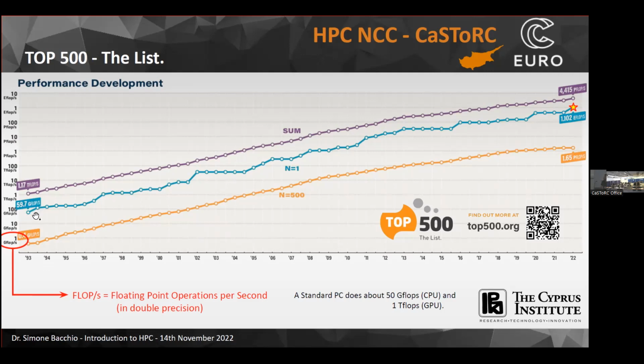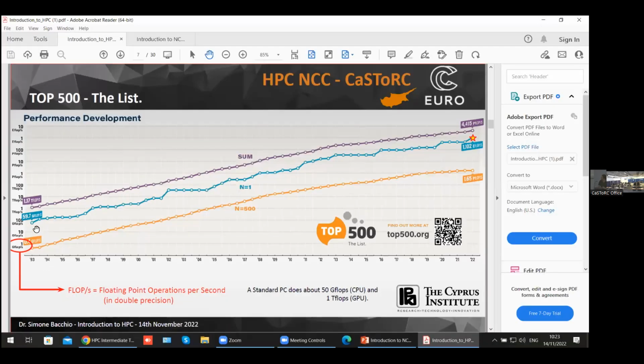So in this plot, you cannot read well here. On this scale, yeah, here in the slides are slightly cut. So maybe I go out with the presentation. So on this scale, we have the number of flops, and we can go from gigaflops. Giga is an order of magnitude in the measurements that I guess all of you know.